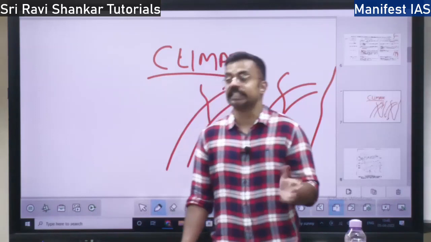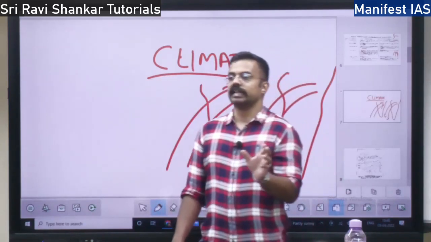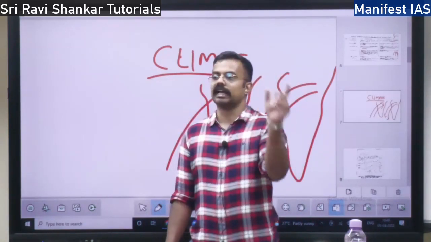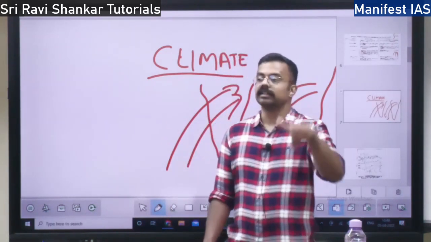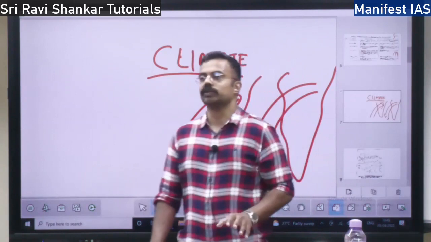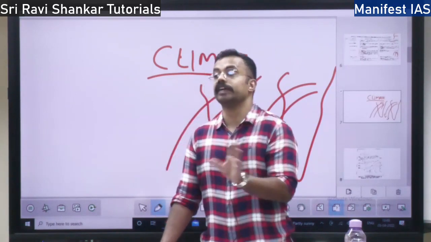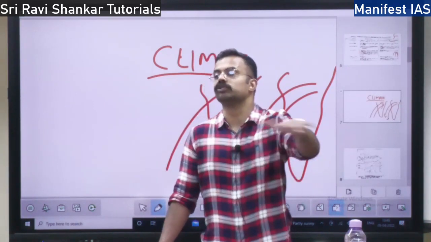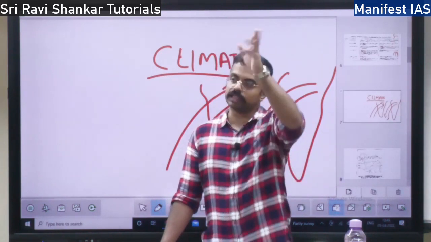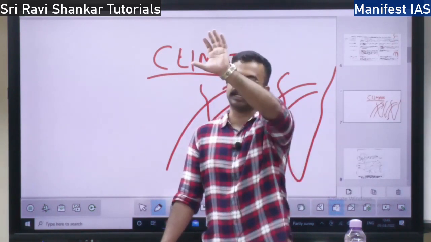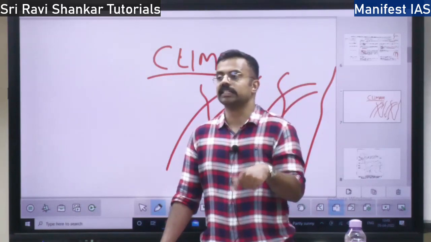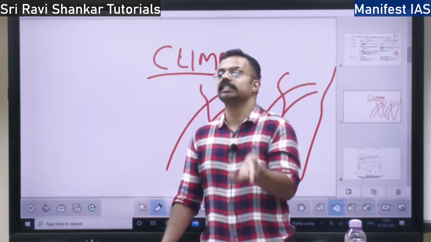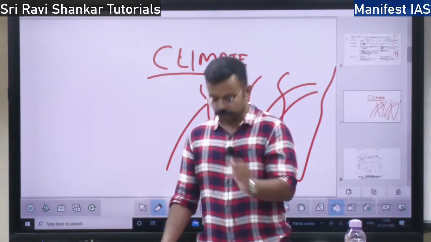Regionally, you can take the example of Northeast India, Rajasthan, Leh, Ladakh, South India. If you take South India, the climate doesn't vary much; it is almost similar throughout the year. But in North India, the climate is different in different seasons. That also you will find.